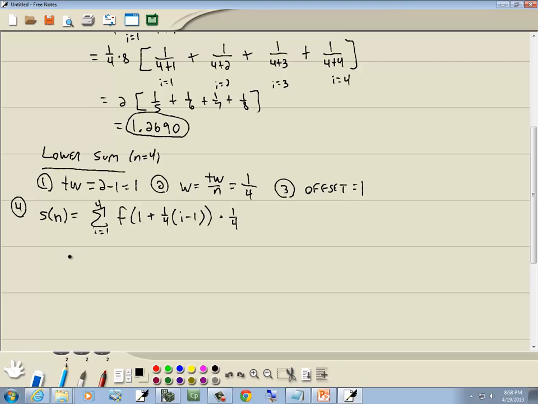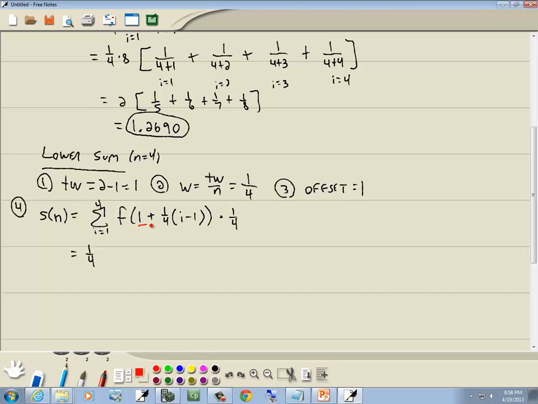I'm going to take that 1/4 and put it out in front, so we don't have to worry about it. And it's probably to your benefit if we don't simplify this. Just guessing.